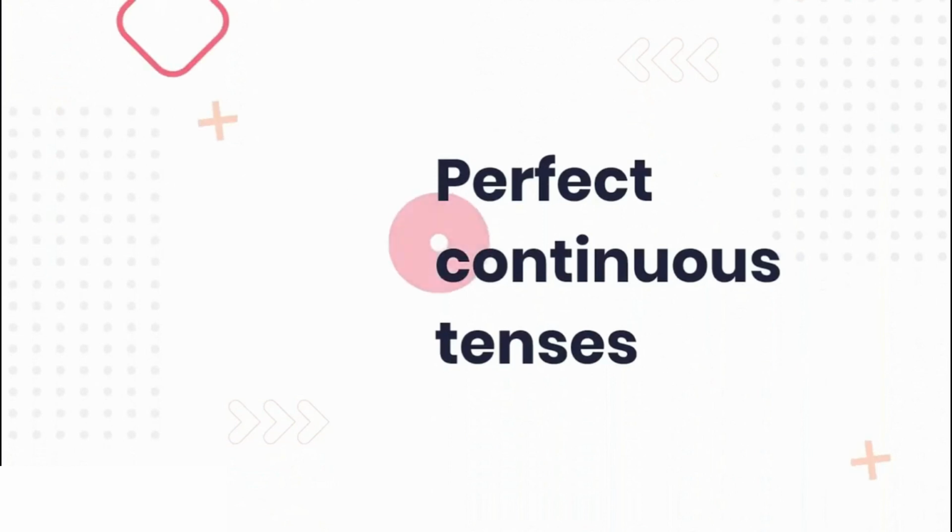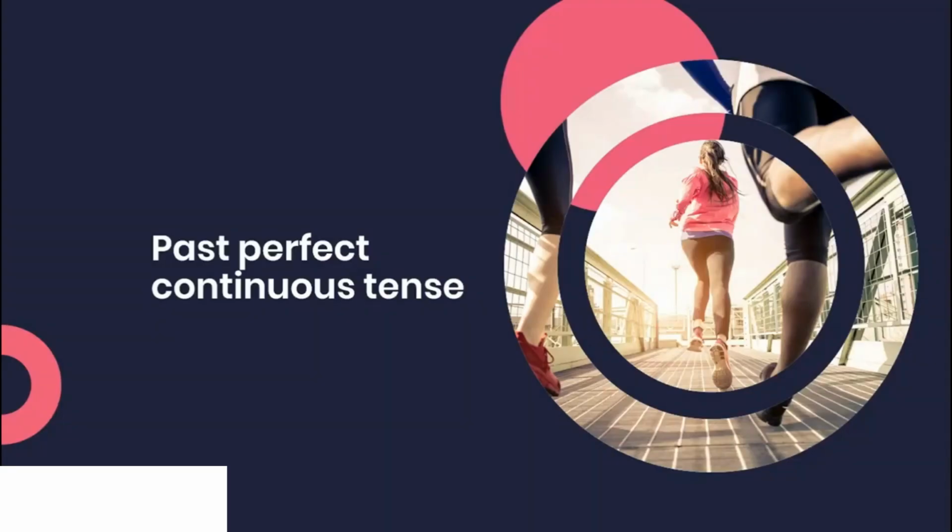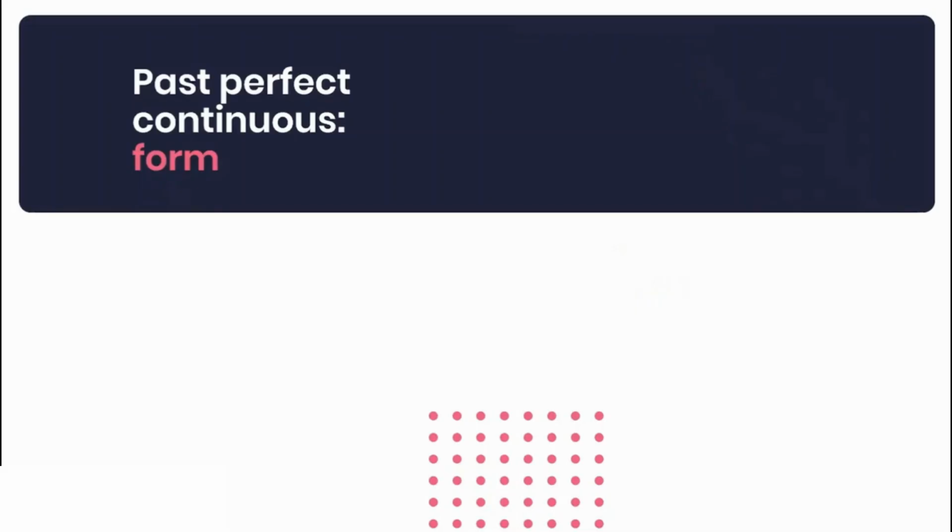The last type of tense we will be covering today is perfect continuous tenses. These are past, present, and future perfect continuous tenses. As you may have already guessed, they are a mixture between perfect tenses and continuous tenses. First, we have the past perfect continuous tense.